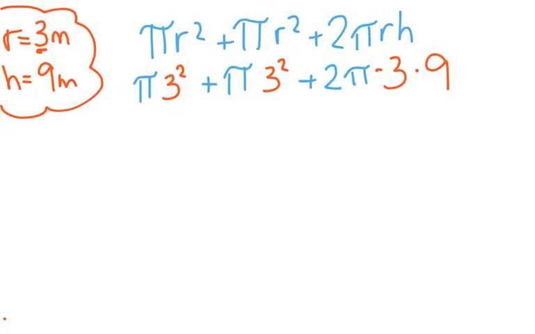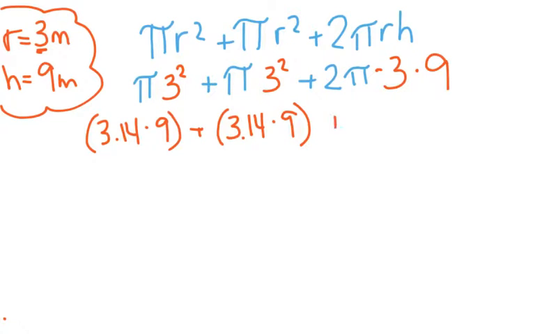In your calculator, you would be putting all of this in, which seems overwhelming, but take it step by step. You could do 3.14 times 9, because 3 times 3 is 9. You could then do another 3.14 times 9. And then 9 times 3 is 27, times 2, which is 54.